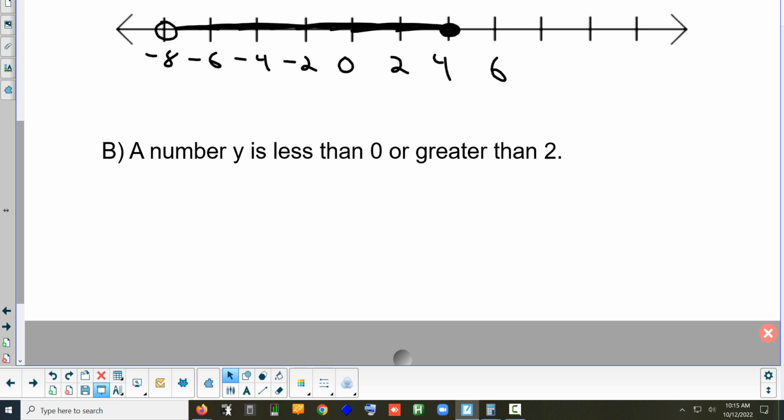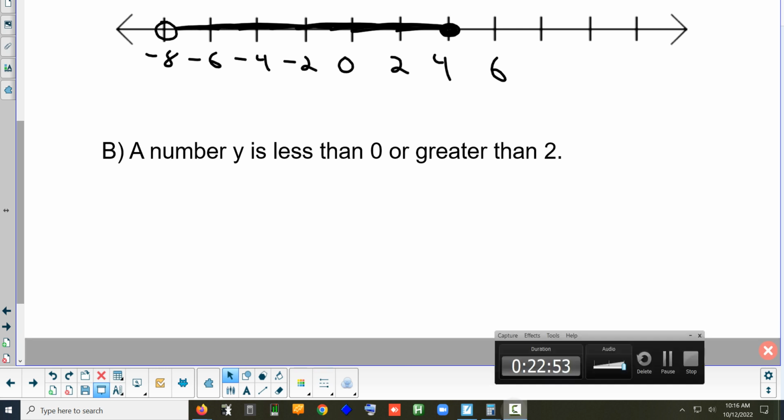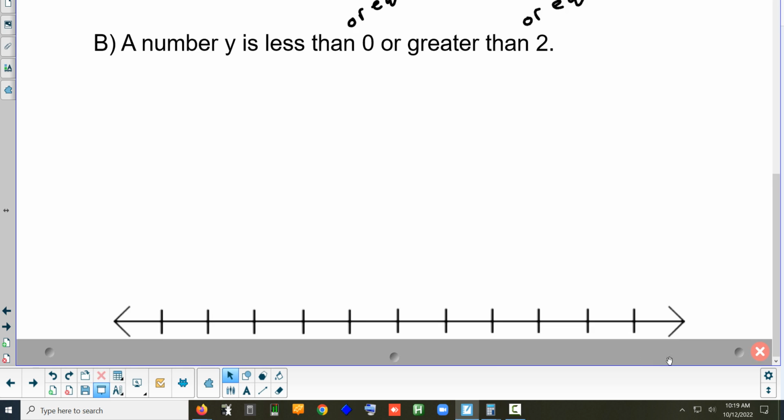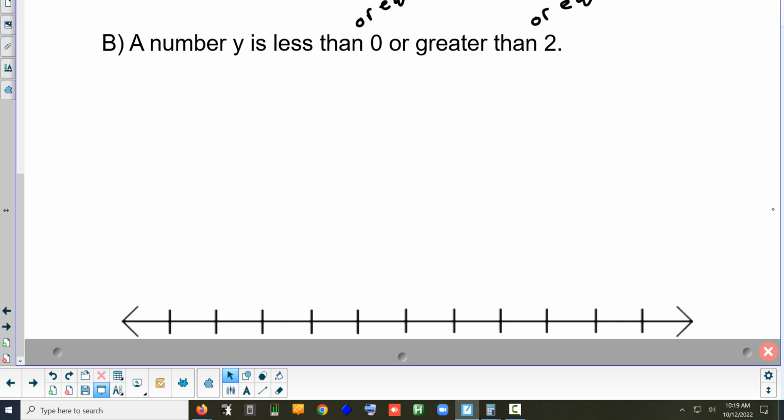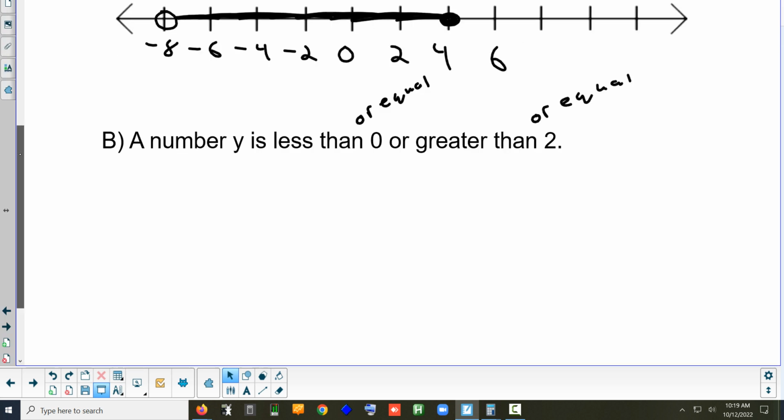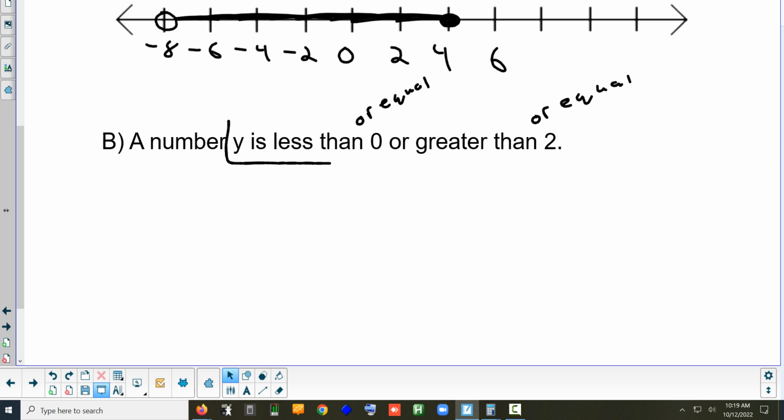So y is less than 0 or greater than 2. All right, so on yours, you guys had the or equal to, so I just added that in on mine. So let's start with that. Y is less than or equal to 0.